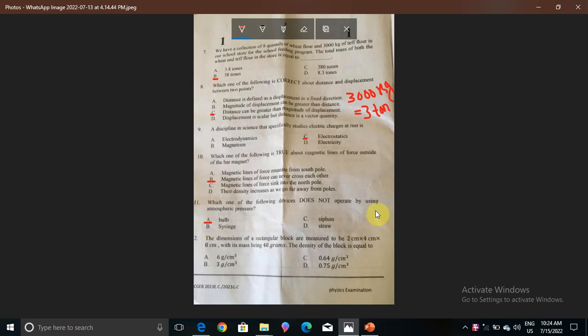Now question number 2 says, the dimensions of a rectangular block are measured to be 2 cm and 4 cm and 8 cm, right? With its mass being 48 grams. The density of the block is equal to what?